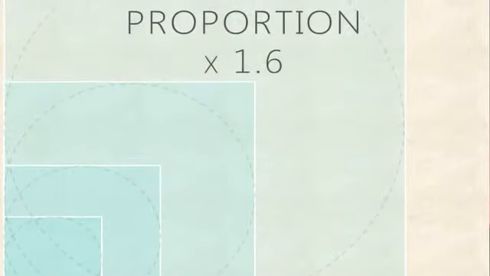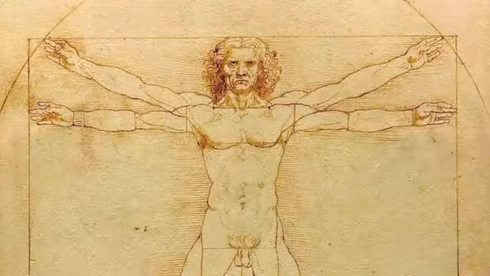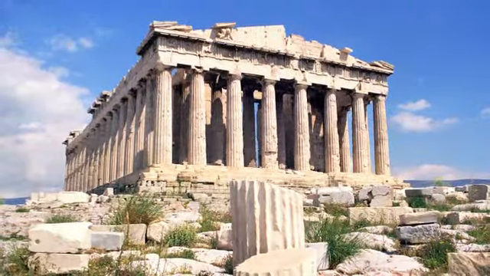Number 3, proportion. Here's a design shortcut invented by the ancient Greeks. When you're scaling your shapes, start with the smallest and make all of the following shapes 1.6 times bigger than the last. That's the golden ratio, and it's like a magic trick for calculating the right proportions. You'll see it reproduced everywhere in nature and architecture. So those are the basic principles, and you should keep them in mind on your next project.